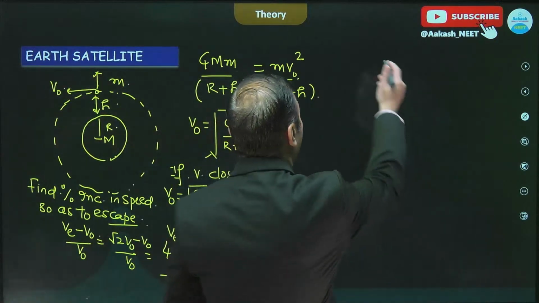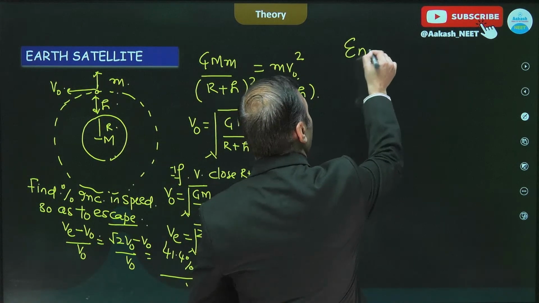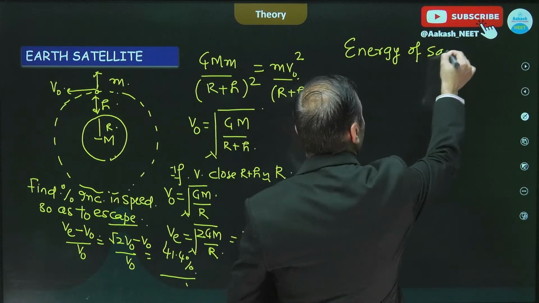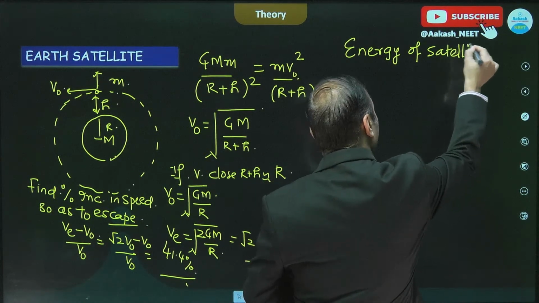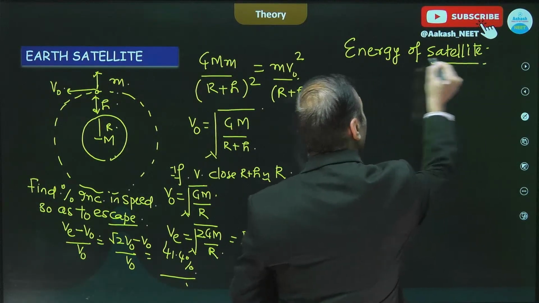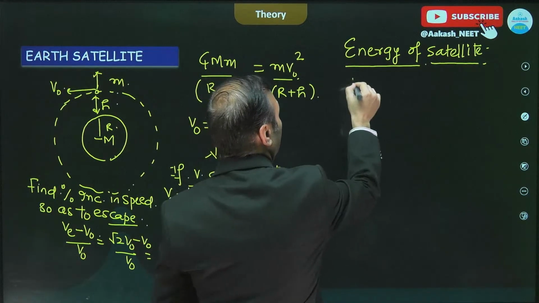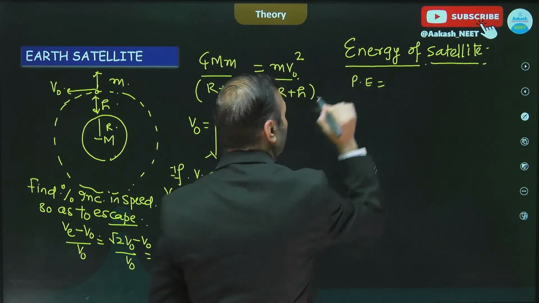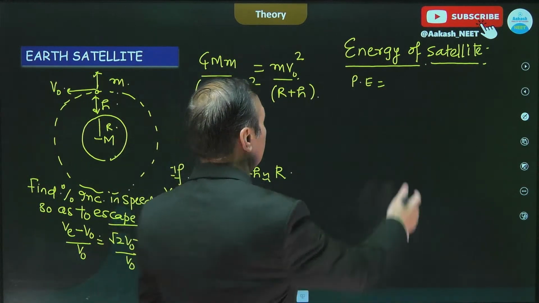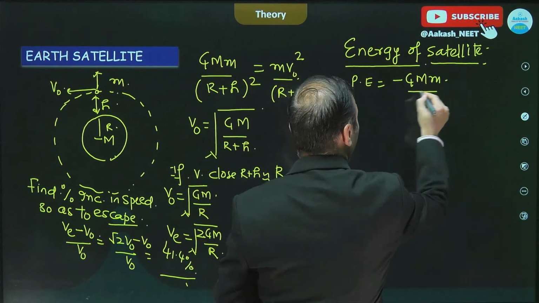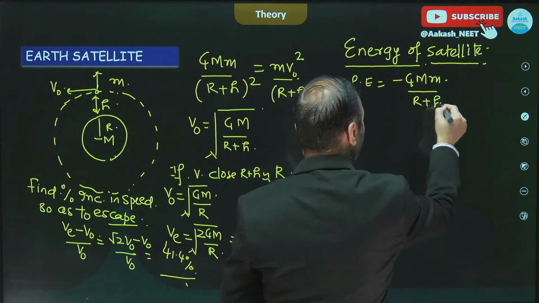So if I calculate the energy of the satellite, this is important. So what is the potential energy? Potential energy is minus GMm by R plus h.